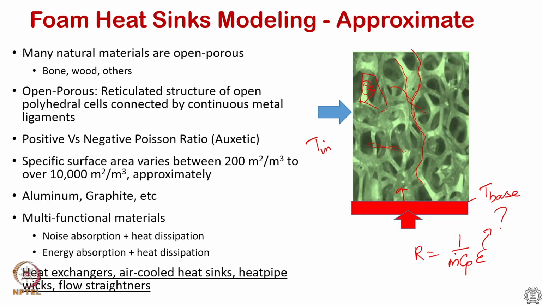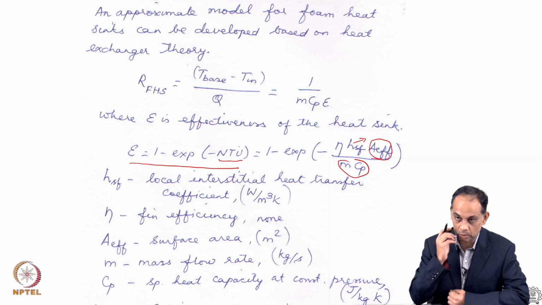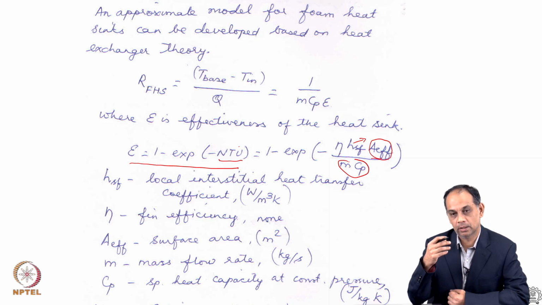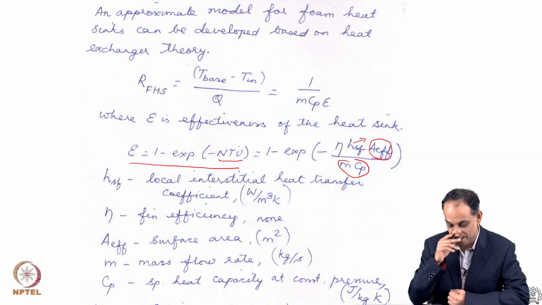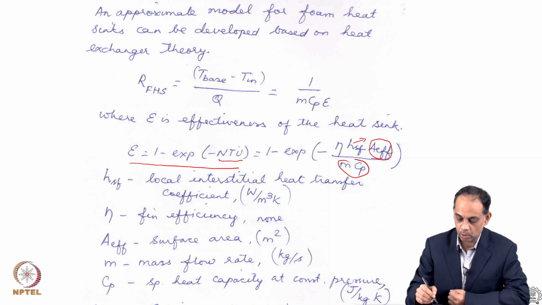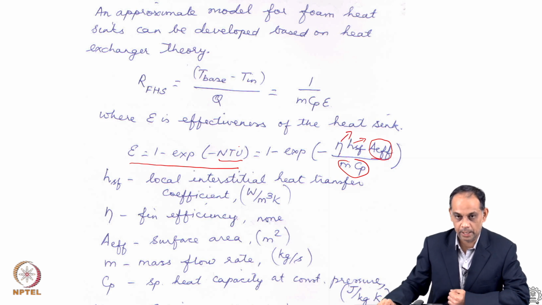This is also measured experimentally. This is typically an empirical parameter that is measured, and that heat transfer coefficient is required to do this modeling, but it is for standard stochastic foam. Heat transfer coefficients have already been reported, and we will make use of that. And we also need to figure out a way to calculate the surface efficiency of these foams, and that we will do in the upcoming slides.